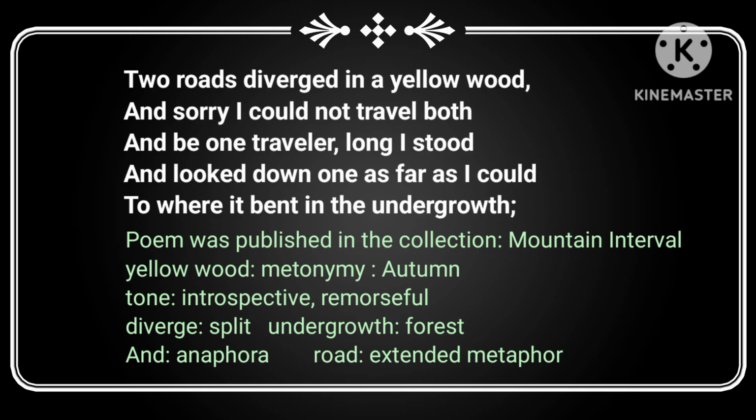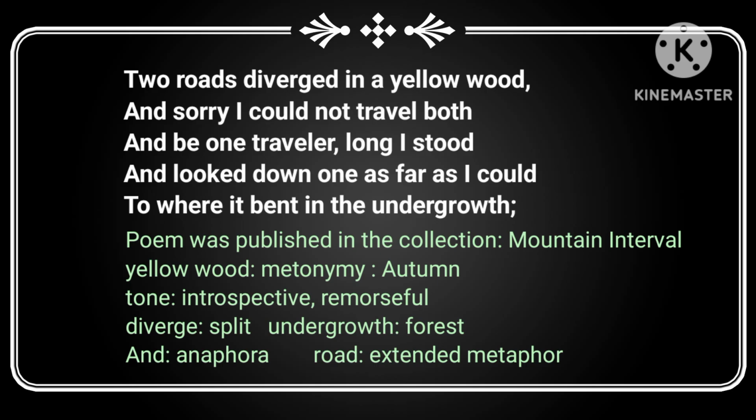The two roads separated in a yellow wood. Now yellow wood symbolizes fall. It symbolizes the autumn season. The leaves of the trees have turned yellow. This is an example of metonymy.